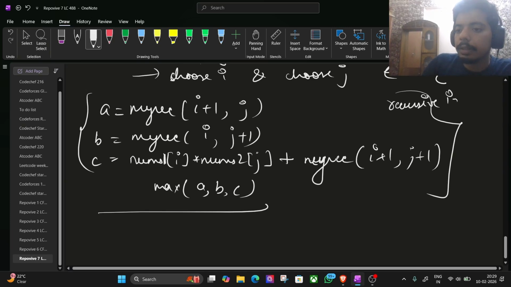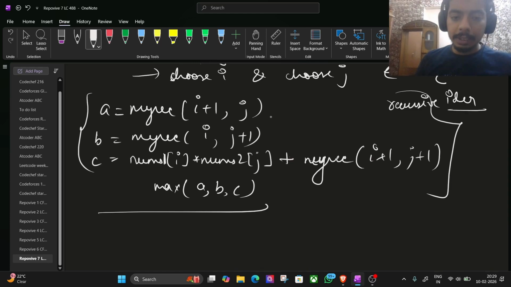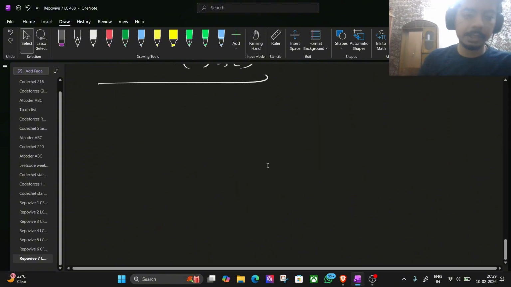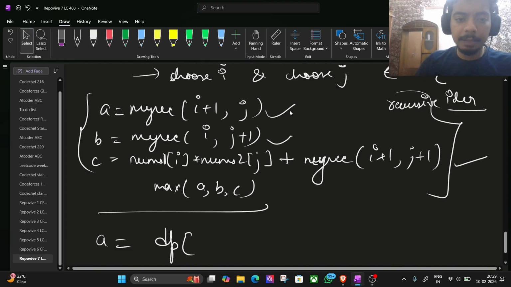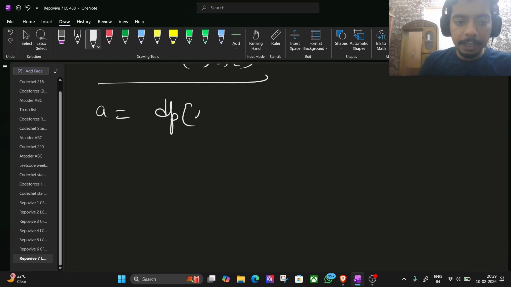Now, can these calls be represented in a DP transition state? I can represent them in the DP transition state. As we know how we write a DP transition, if my call is I plus 1 and j, it will be I minus 1 and j.